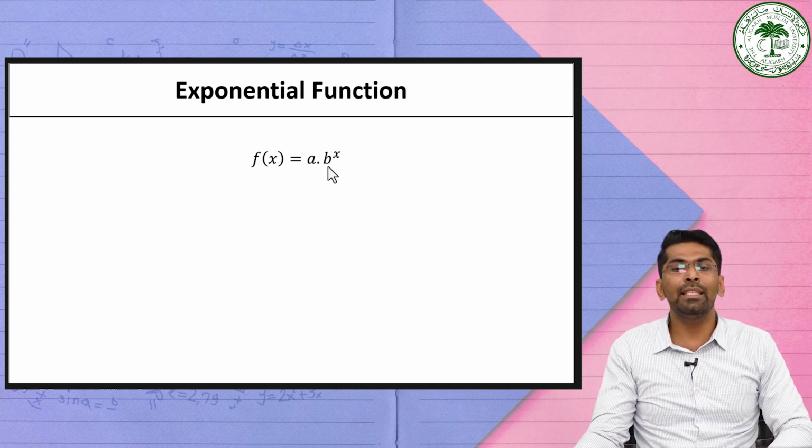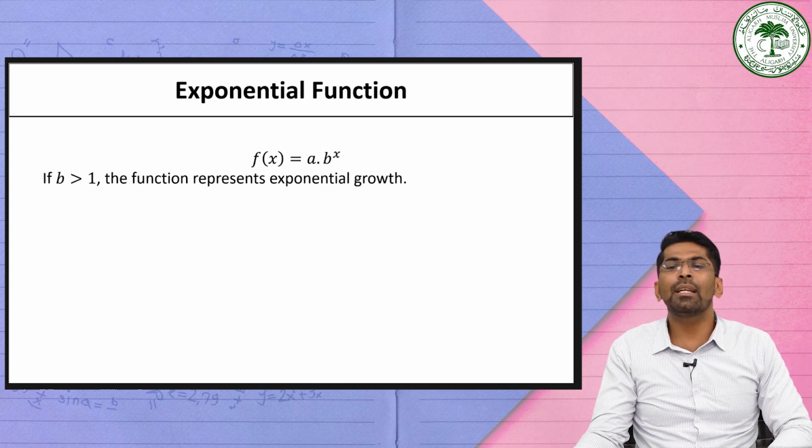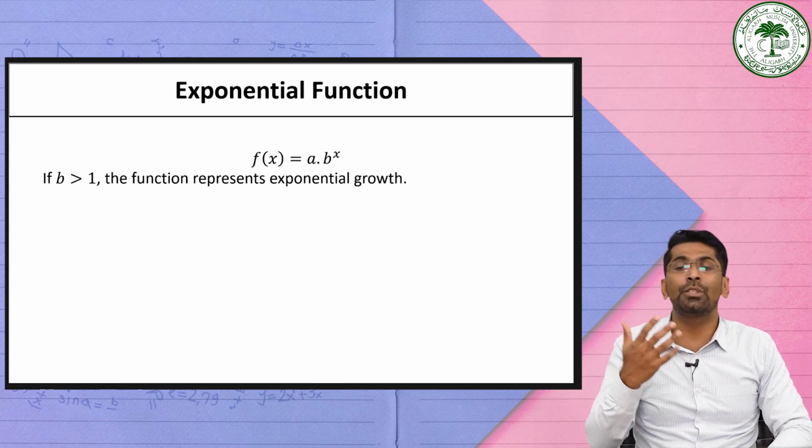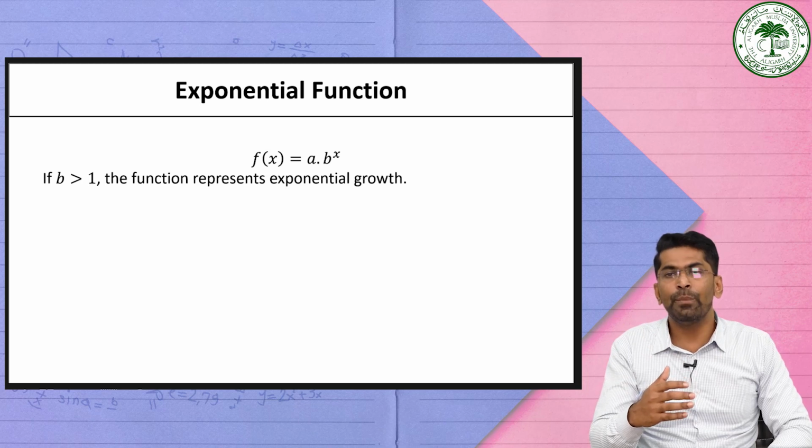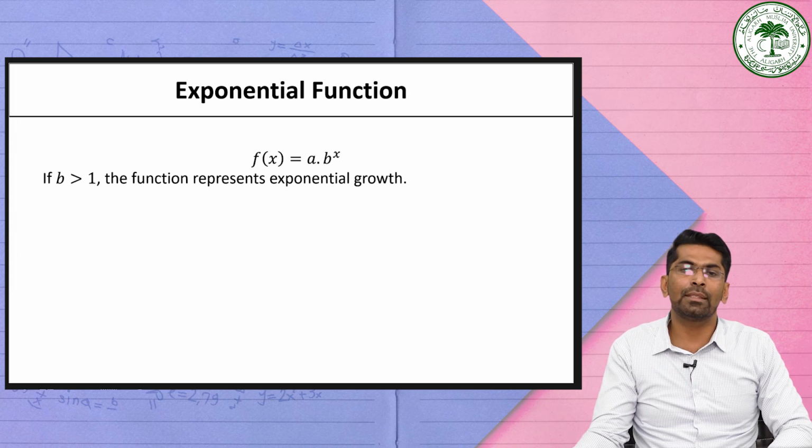If b is greater than 1, the function represents exponential growth, which means as x increases, the value of f of x also increases rapidly.